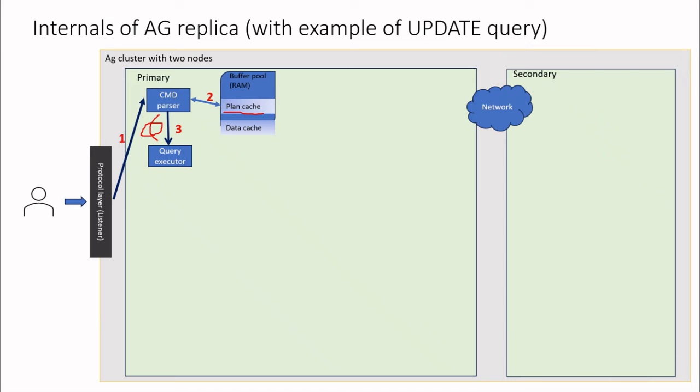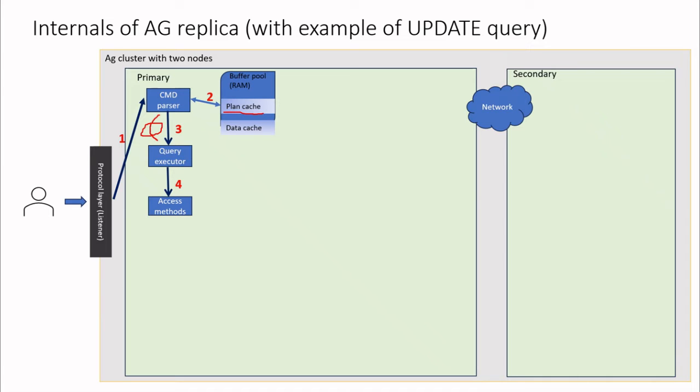Okay, after getting the plan, how does the query executor execute the query? For this, it first connects to the access methods component. This component is the interface through which data is retrieved and modified. Okay. Before any change to the data, for example, here we are running an update query, right?